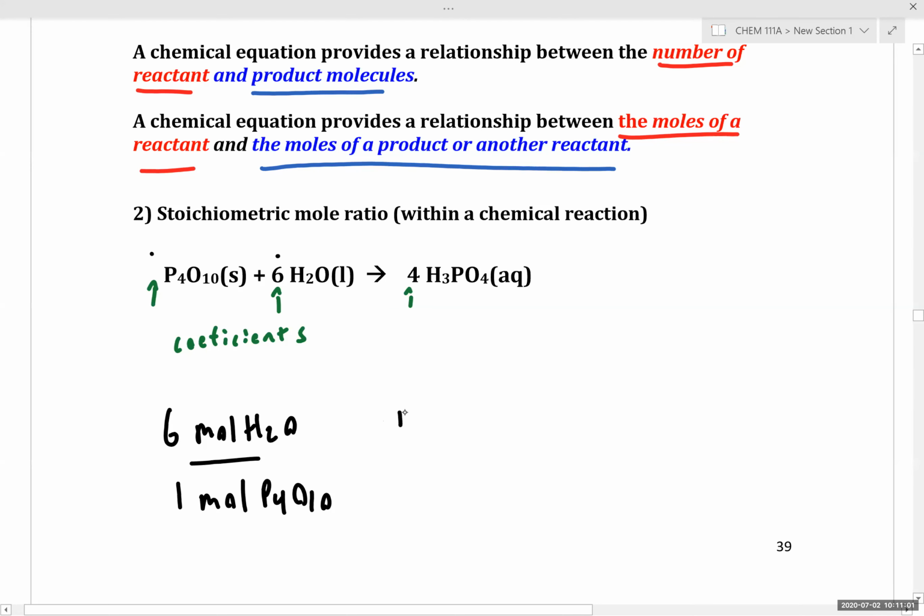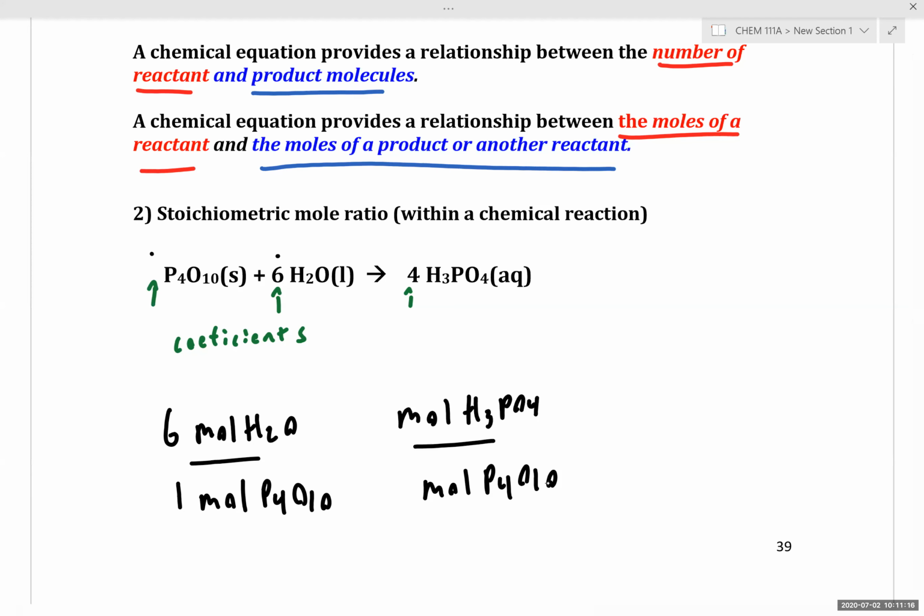Okay, now let's look, what is our mole ratio of the moles of phosphoric acid per mole of P4O10? So how many moles of phosphoric acid do we make for how many moles of P4O10 that we consume? What's our mole-to-mole ratio? 4 to 1. Yep, exactly right, 4 to 1.